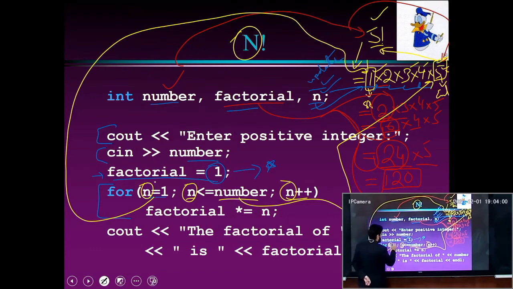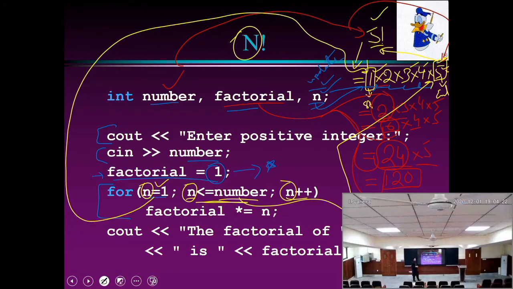Remember that the initialization statement will always execute only once in the iteration, only once. Now the conditional statement will execute one more than the iterations, ठीक है? जितने iterations आपको नजर आ रहे हैं उससे एक ज़्यादा होगा.